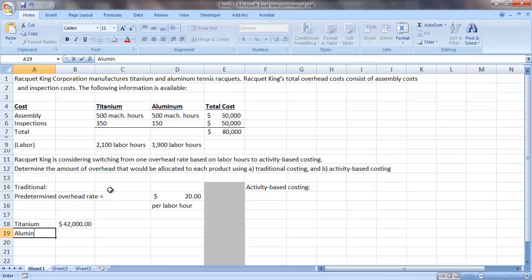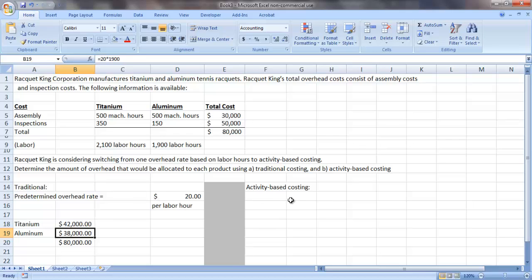The aluminum product would receive an allocation in a similar manner. $20 per labor hour, again that was our predetermined overhead rate, times the 1,900 labor hours that the aluminum product generates. That's a total of $38,000. So here we've allocated all $80,000 of our overhead costs, $42,000 to the titanium product, $38,000 to the aluminum product.